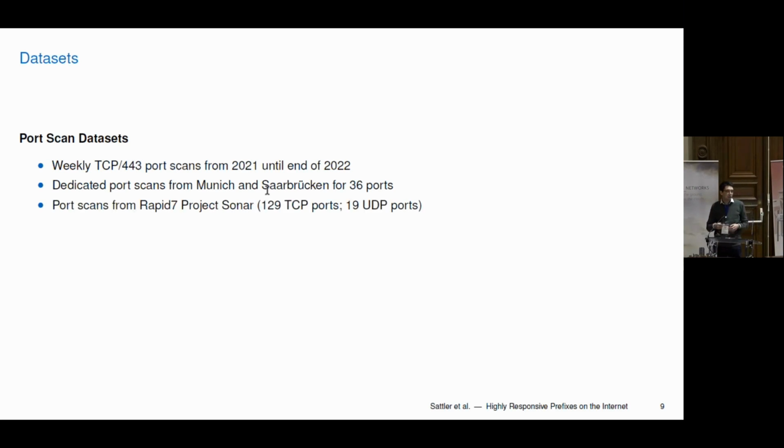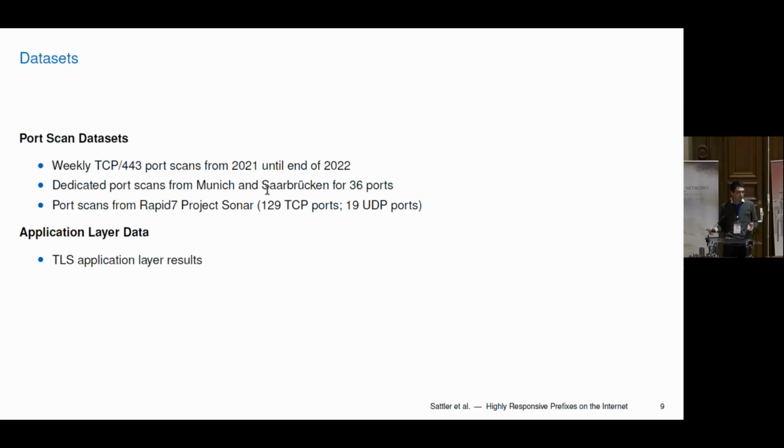And we obtained port scans by Rapid7, a security company which performs their own internet-wide measurements, and where we applied for research access. There we got 129 TCP port scans and 19 UDP ports.